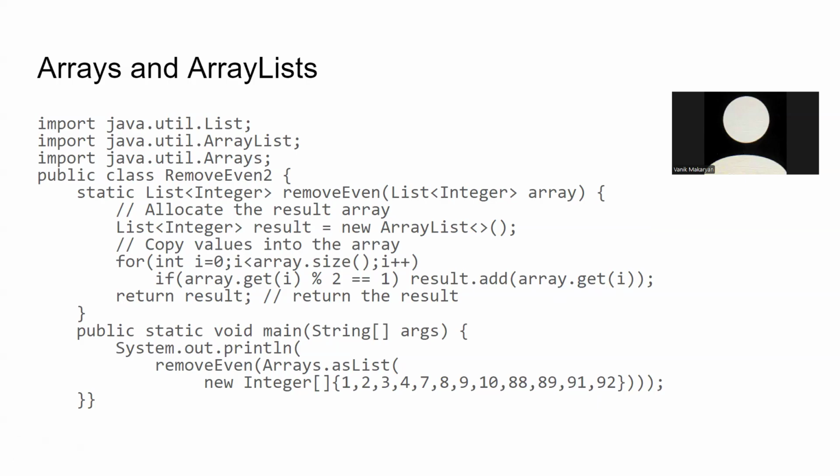Always name first. JJ? Right, so the for loop is the same as the for loop we had before, except instead of dot length with no parentheses, we have dot size with parentheses. That's a difference between an array list and an array.